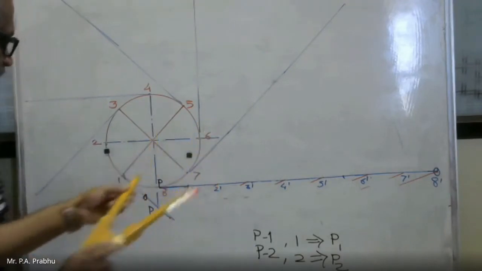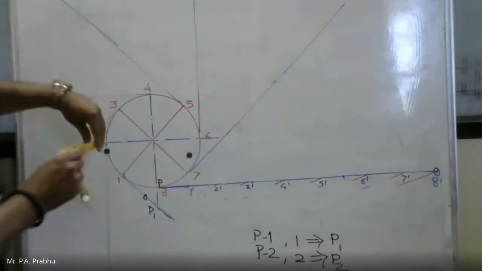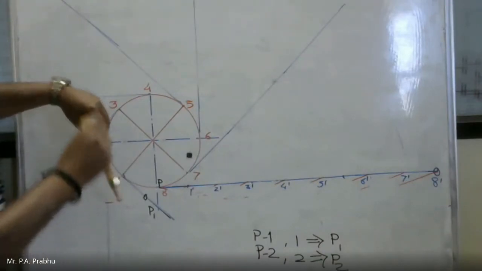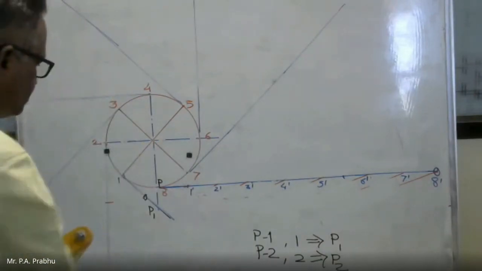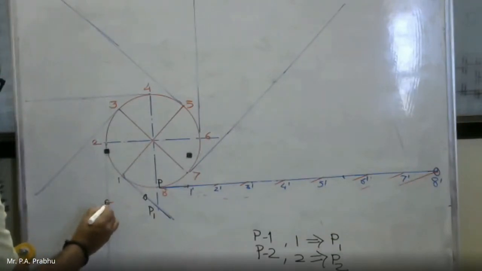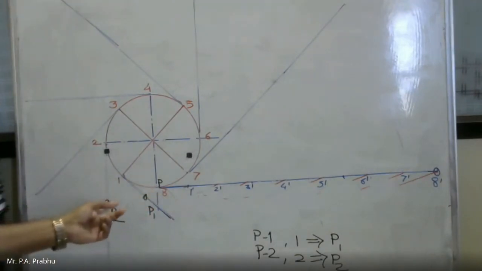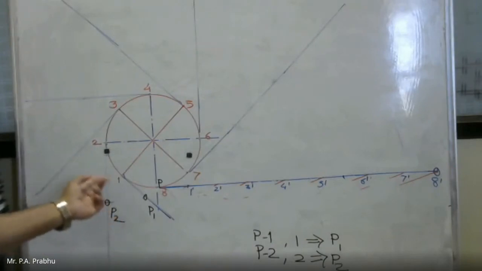Now take a center at point 2 and mark this point. So this is the new position of point P. So mark point P2. Okay. So I have opened 2 division.